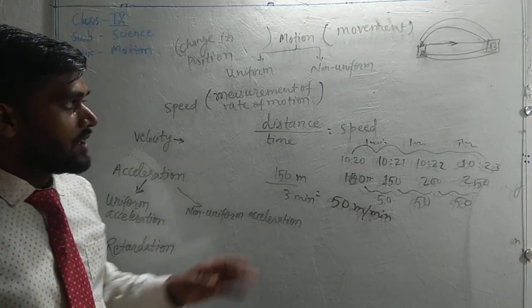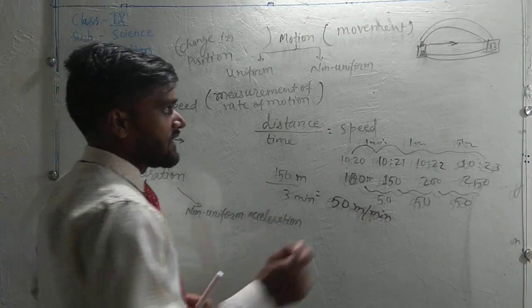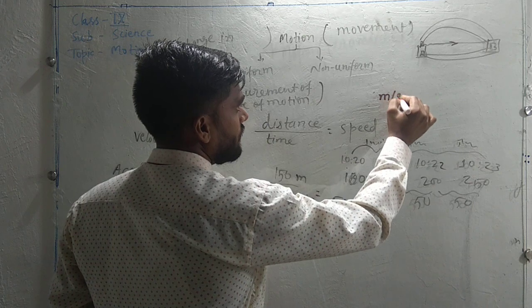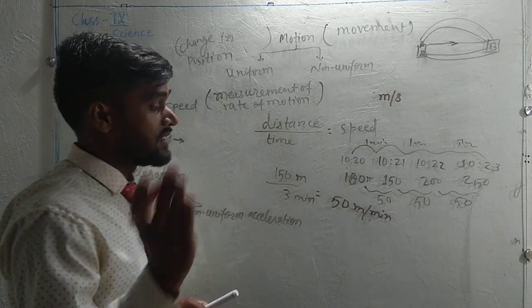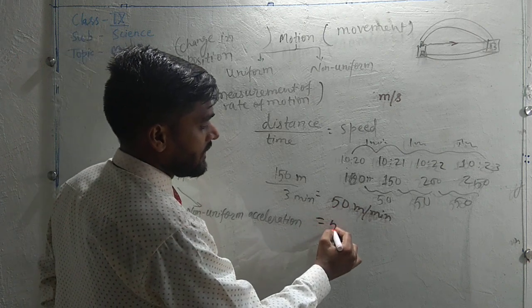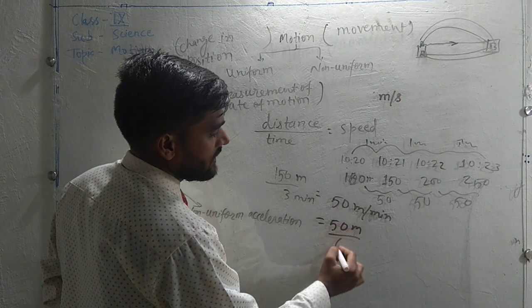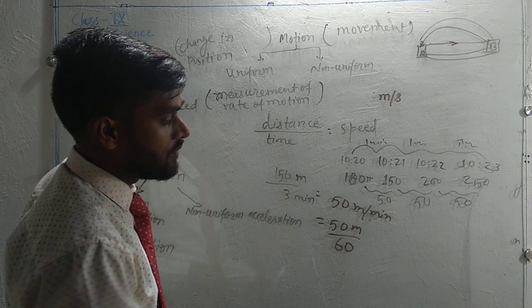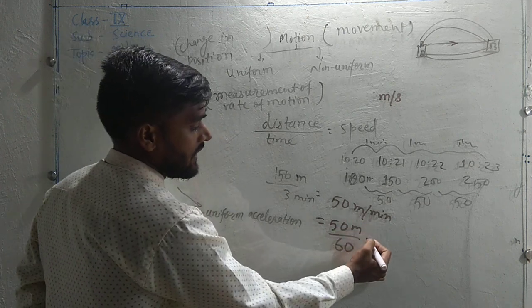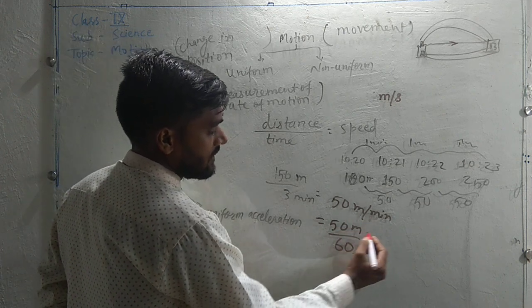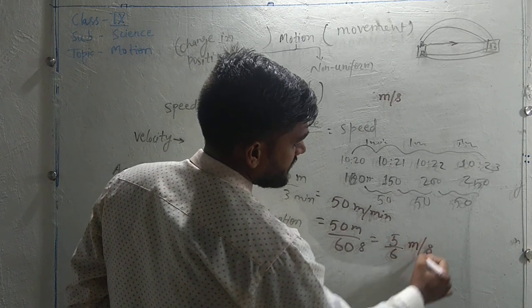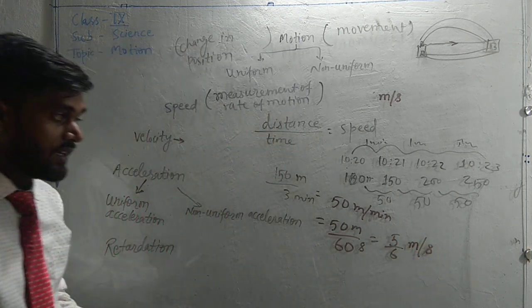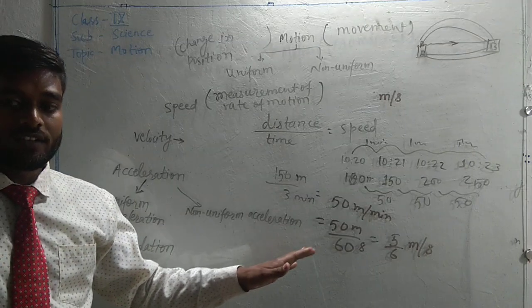See, the SI unit of speed is actually meter per second. So to convert it to its SI unit, you can divide it by 60, because 1 minute contains 60 seconds, and you will get meters per second. Hence it will be 5 by 6 meter per second. Okay, up to this is clear.